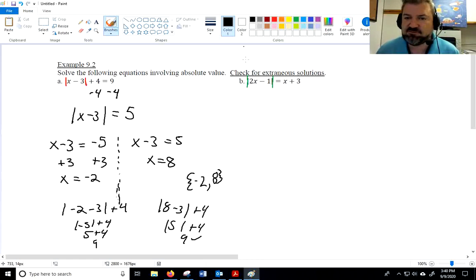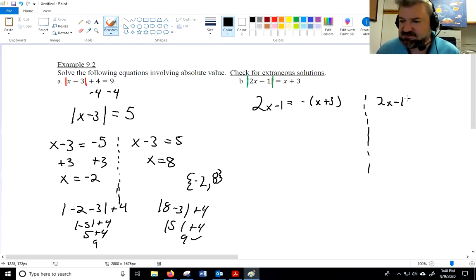And so what we do is we take 2x minus 1, and we set it equal to the negative of x plus 3. And we're going to do the same thing to the positive. And it's this step that is so dangerous. When it's equal to a whole number like it was in part A, a positive number, we feel pretty confident about it.